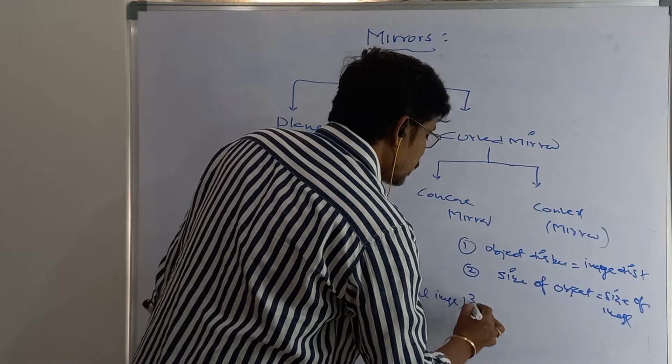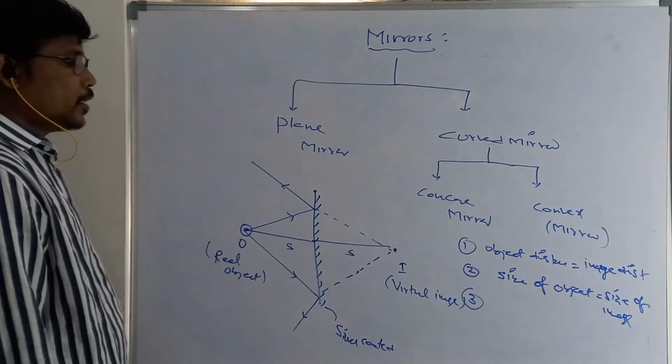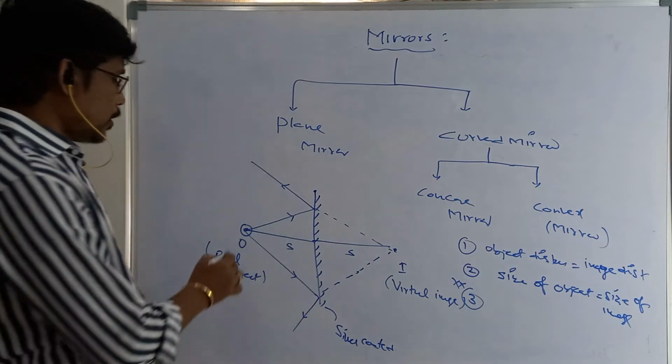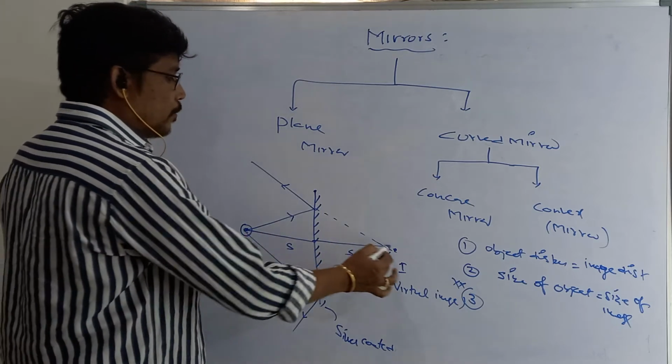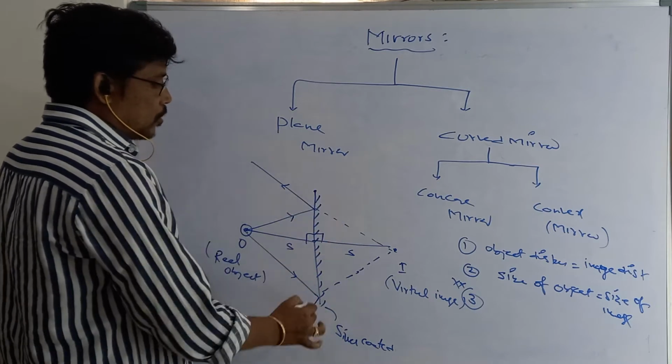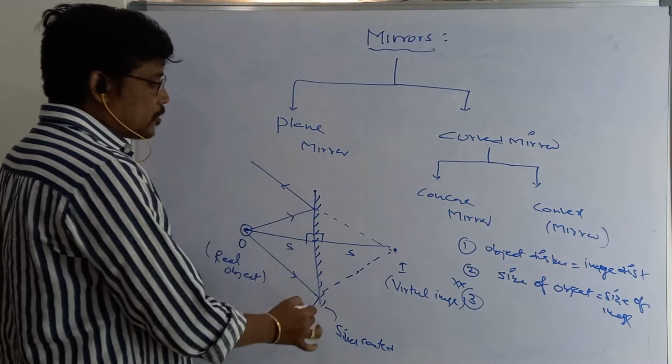And the third, very important point: the line joining the object to the image should be normal to this plane surface.